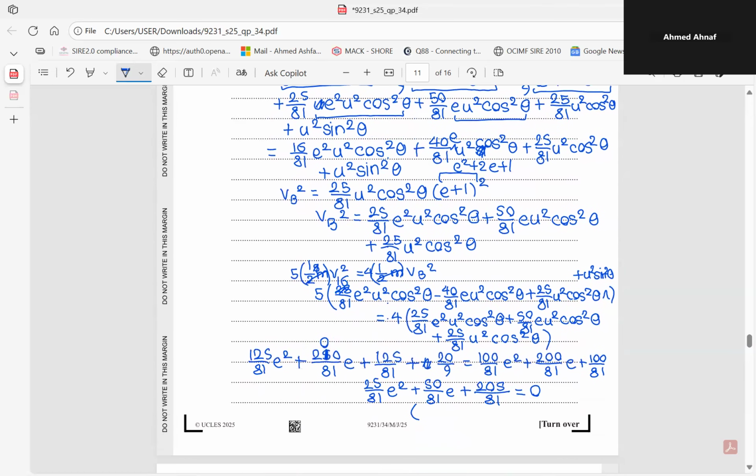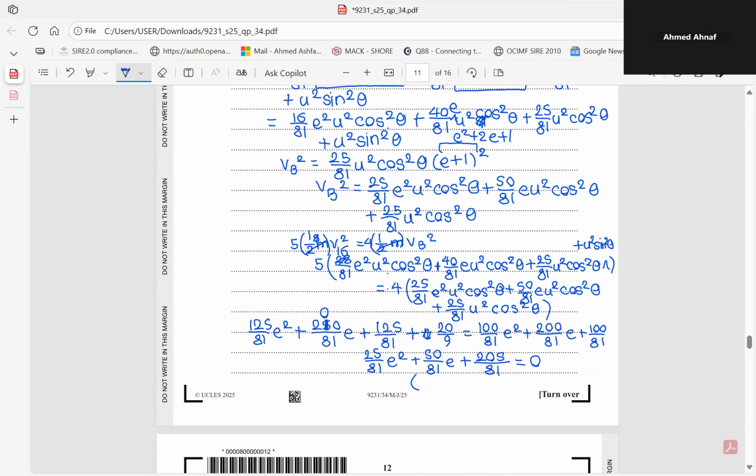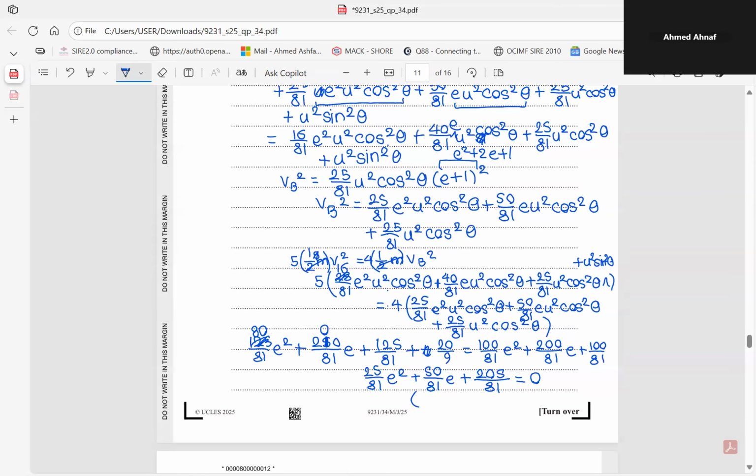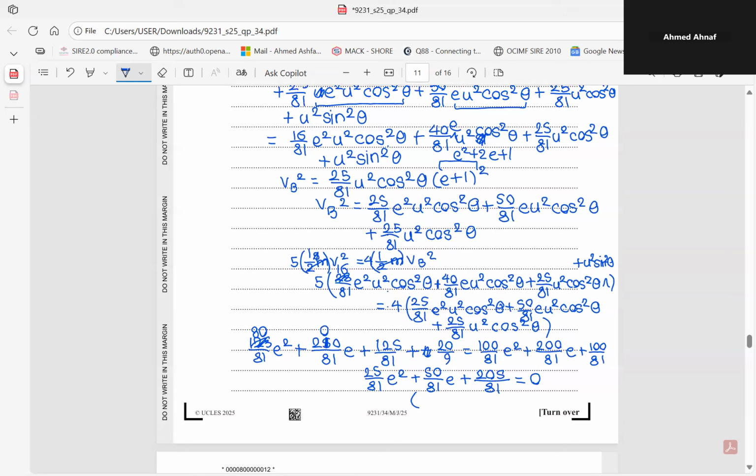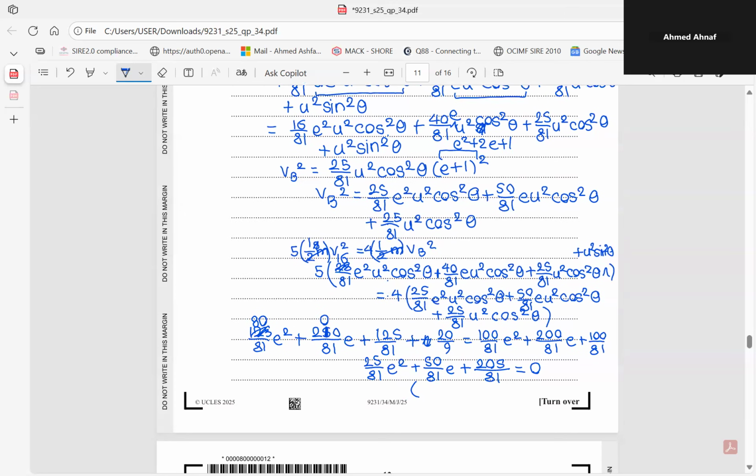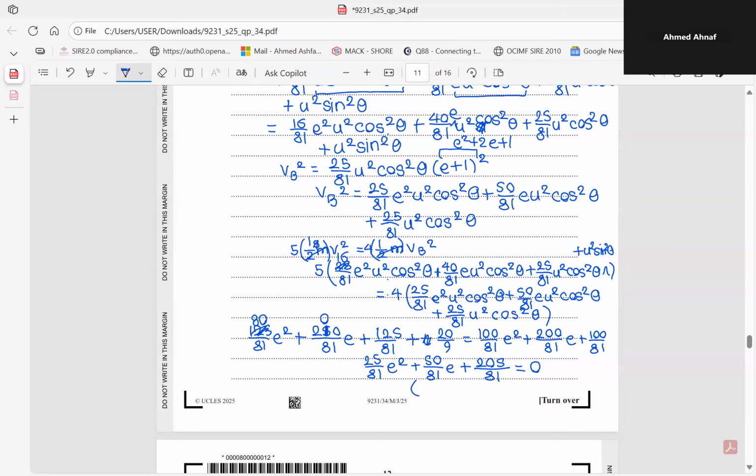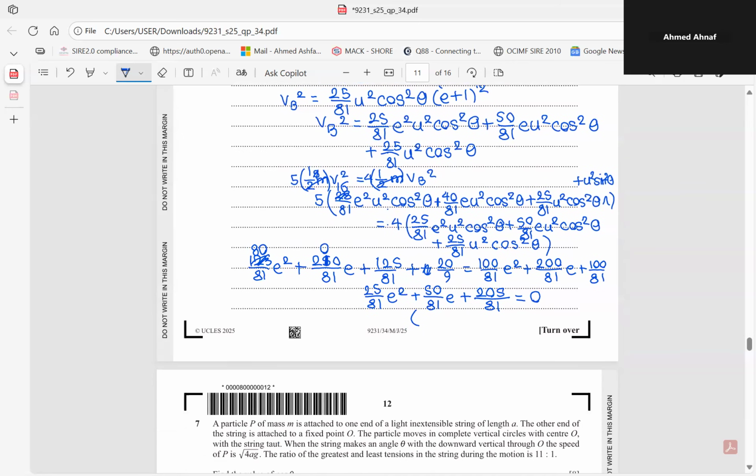This is supposed to be 60, and this is supposed to be plus 40. So this is supposed to be 80, and this is supposed to be 200, 125. Okay, I'm just going to cancel this out.